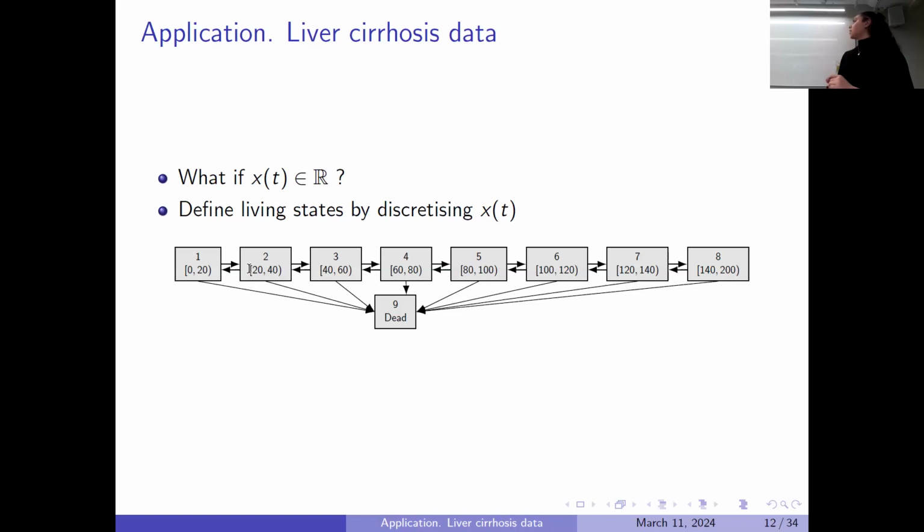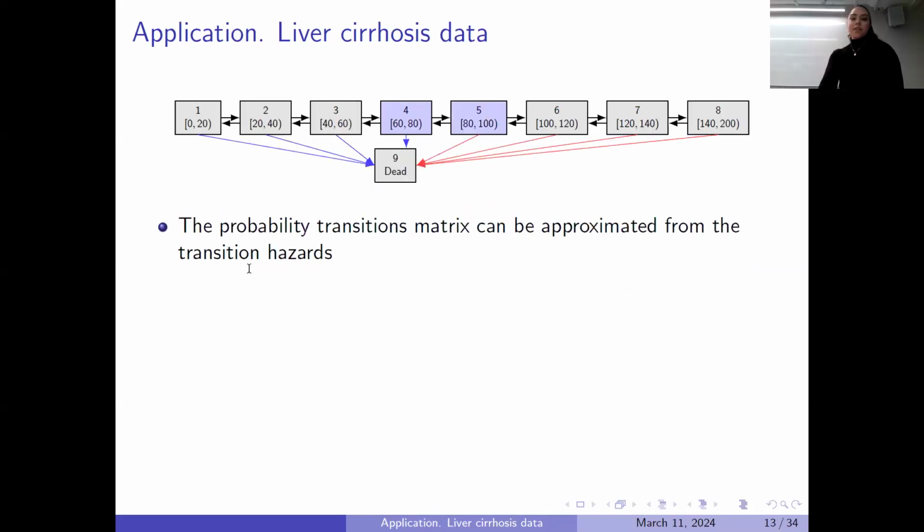So that's the first step: we define the multi-state model, we define the process, and now we need to define the transition hazards. As I mentioned before, it's not only looking at the biomarker in itself, but looking at what is considered normal or abnormal. What could be affecting the survival of the patient, or what information can we get out of this biomarker?